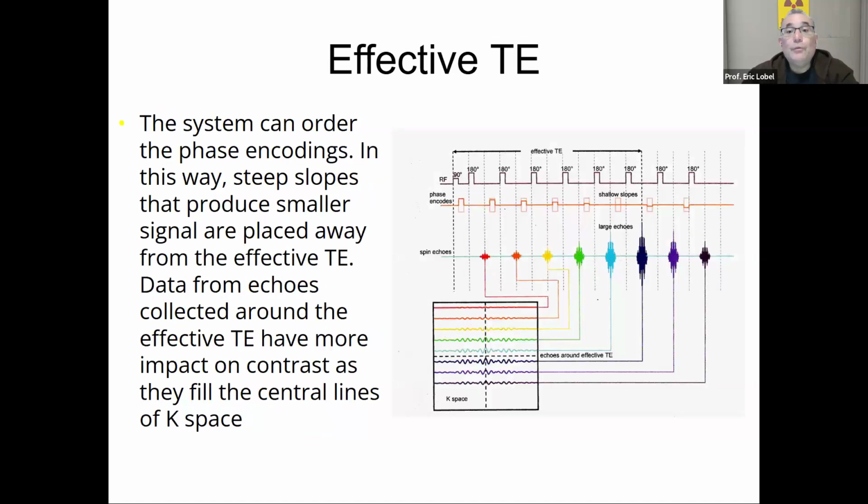Okay, so what you can see here is we can take our echoes and we can reposition them. This is where it gets a little weird. And we can put them into K-space, so in where we want, essentially.